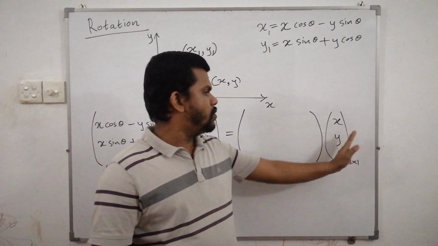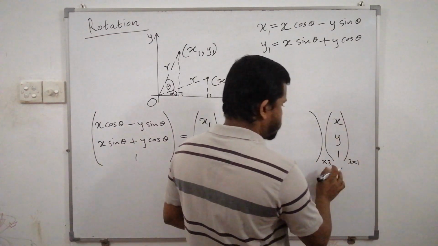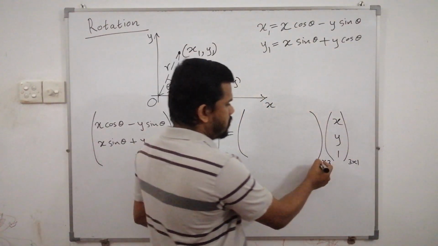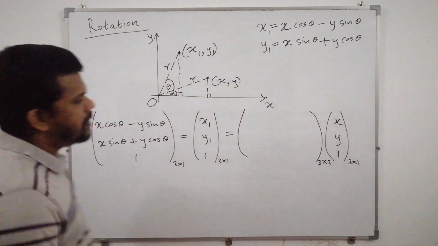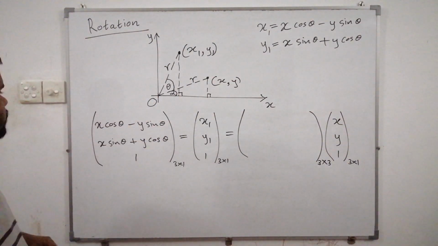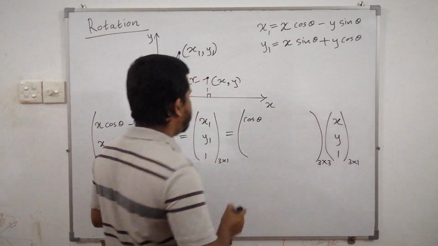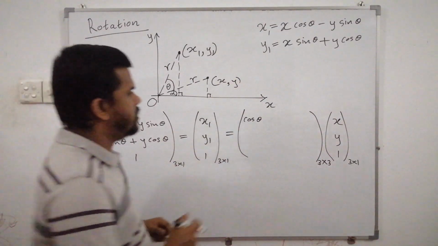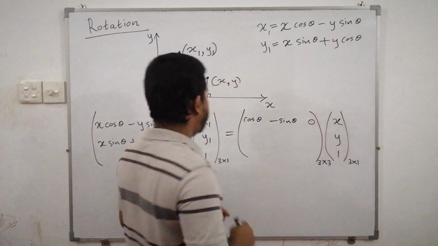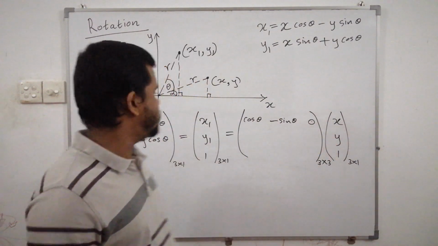In order to be able to multiply these two matrices, the type must be something cross 3. Here we have 3 rows, therefore here we should have 3. Now it is a 3 cross 3 matrix. To get the first term, x cos theta minus y sin theta, we have cos theta, minus sin theta, and 0.